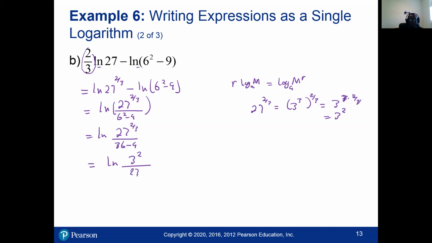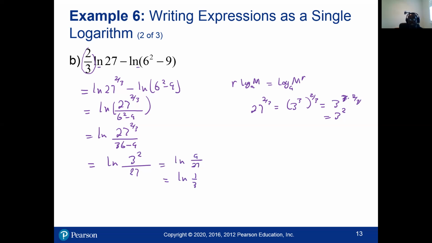Okay. All right. So this gives us natural log of 9 over 27, which is natural log of 1 over 3. Okay. So look at it. It becomes natural log of 1 over 3.